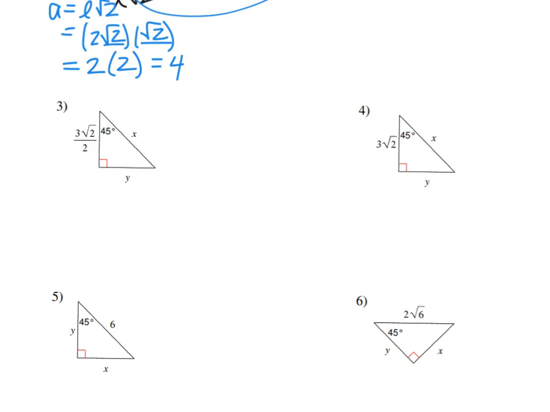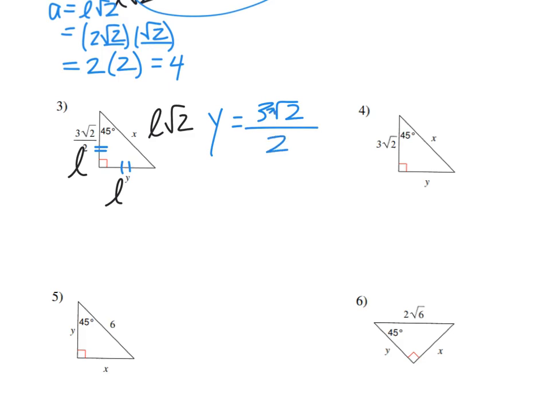Next one, we're still working with a 45, 45, 90. So I've got leg root 2. Okay, and again, I know that my legs are congruent. So I already know that my y value is 3 root 2 divided by 2.